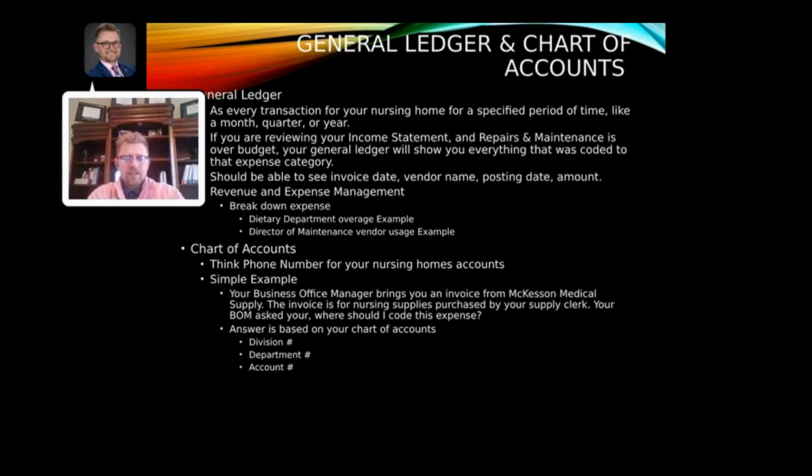Let's say at the end of the month, you get your income statement and your raw food expense is 10,000 under budget. Well, if you are just a bean counter and all you care about is the profit of that nursing home, you may think, well, heck yeah, we spent less than budget. That is great. We're saving money. Good job. And then you just move on, right?